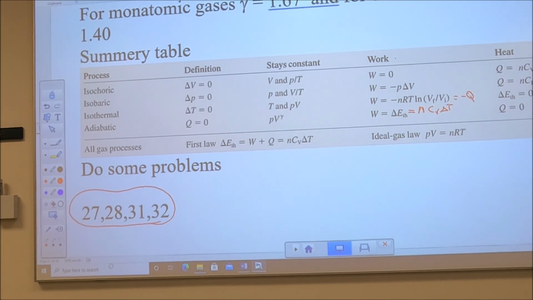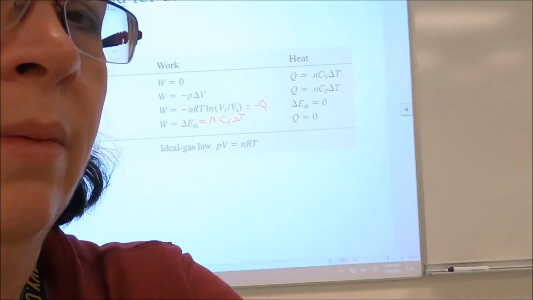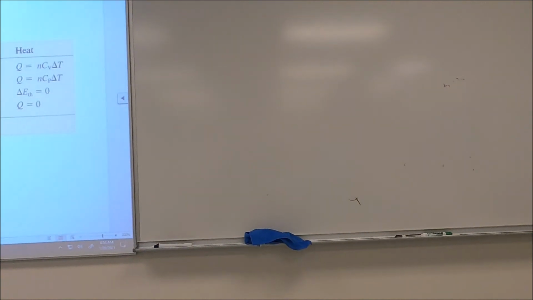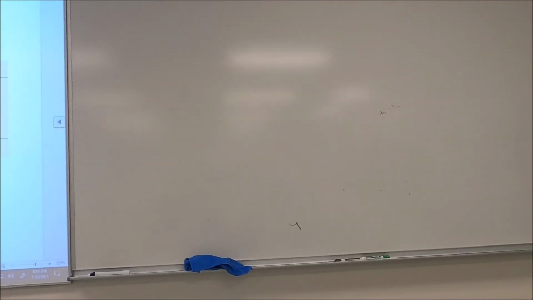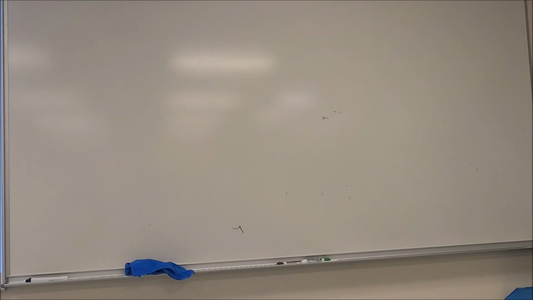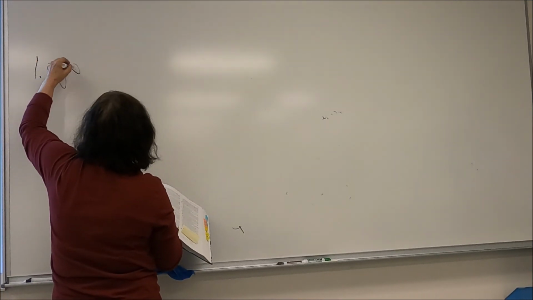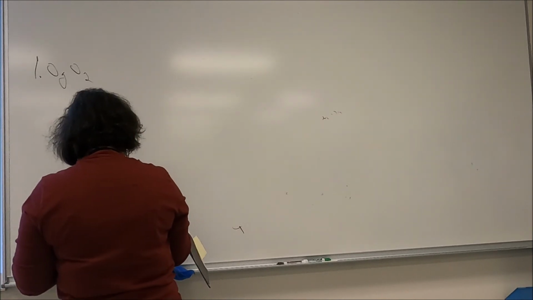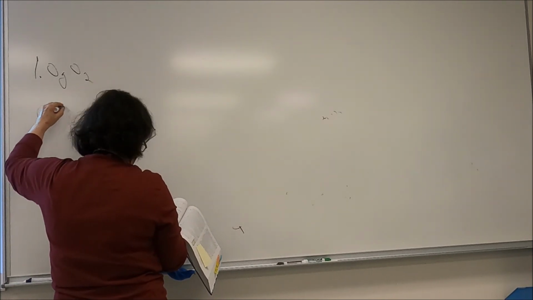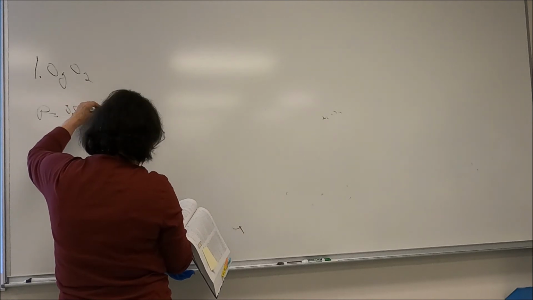Get us a little working room over here on the board. All right, guys, I'm going to slide you over this way. All right, we look at problem 27. It says that we have 1 gram of oxygen, and we're at a pressure of 8 atmospheres.